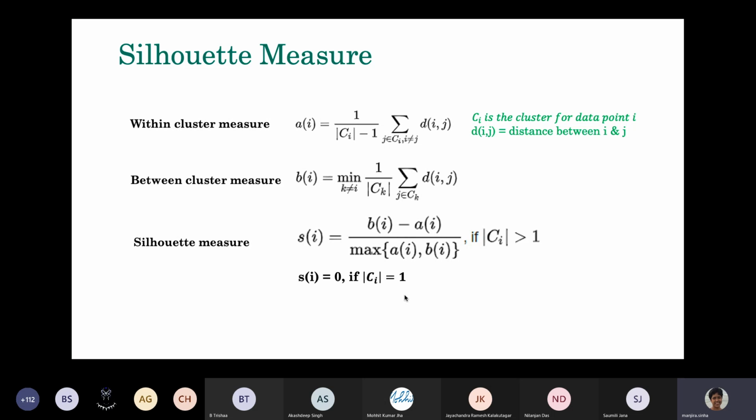So Si would be 0, because that means this is an isolated node, so we are not doing any measurement on that. This is how my silhouette measure is defined.